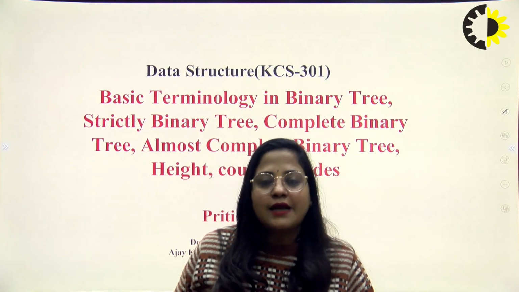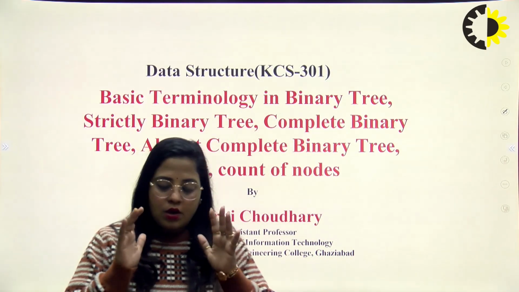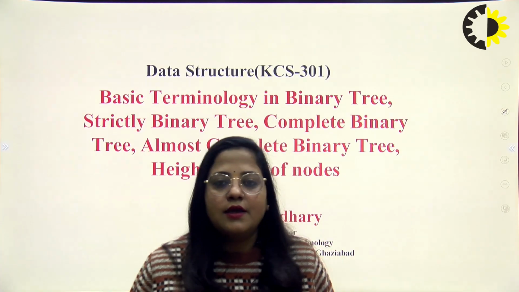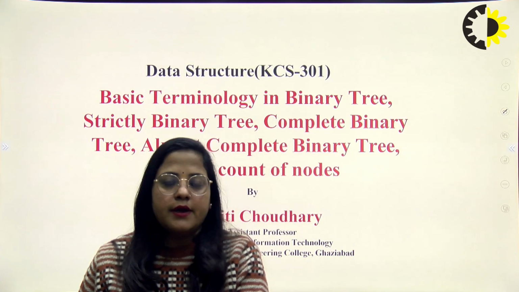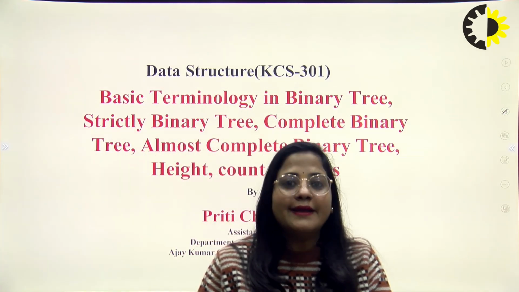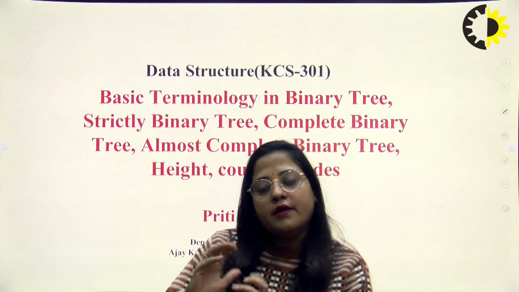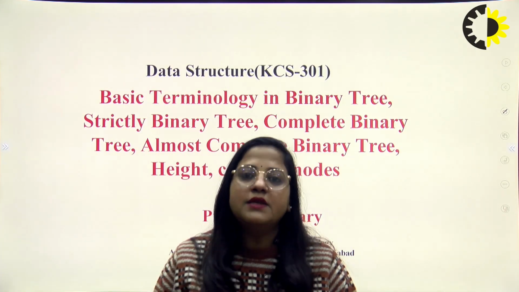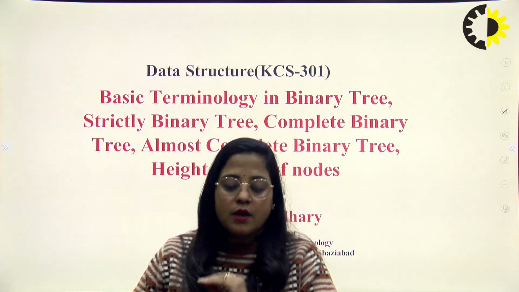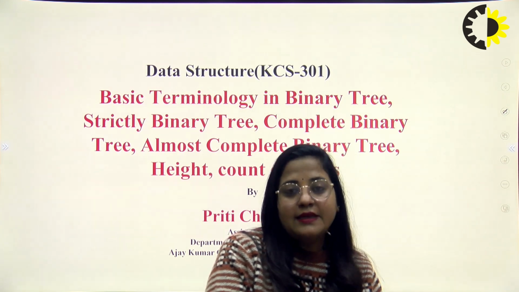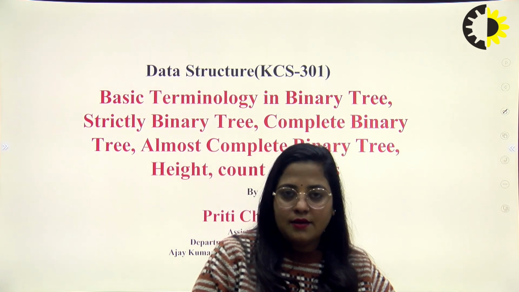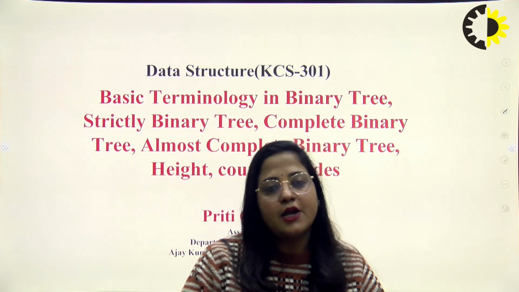Before I start the tree, I tell you one thing: tree is a non-linear data structure. It means here data is stored in a random way, not a sequential way. Before this session, I discussed linear data structures, array, linked list, stack, and queue.